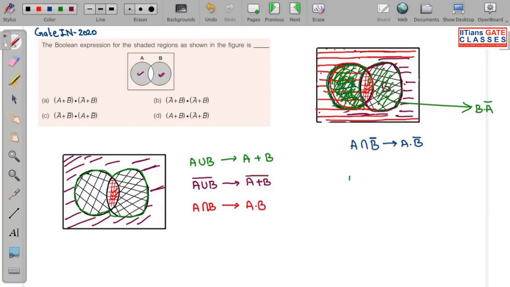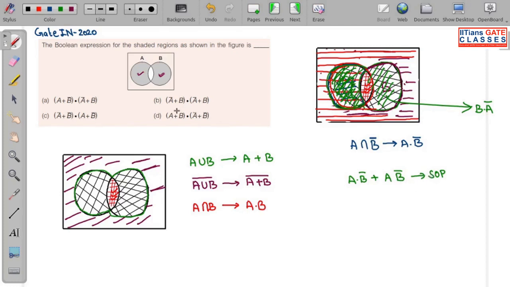So I will write it like A into B complement plus A complement into B. Now if we check the options, this is coming in standard SOP form. Why do I say standard? Because it is a 2 variable Venn diagram, and in the minterms we have both the variables. So this is standard SOP.